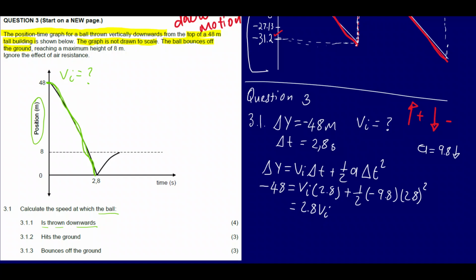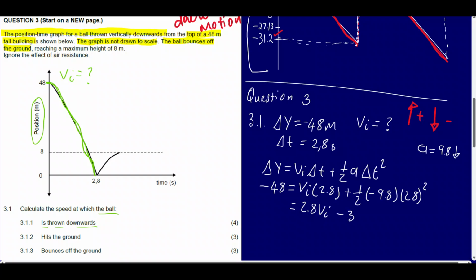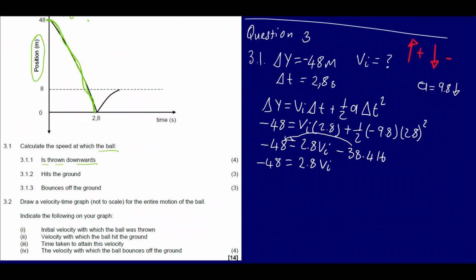And then on the right hand side, let's just check quickly the answer. Negative 9.8 and then 2.8 squared, you would have gotten that the answer is negative 38.416 on the right hand side, and you will transpose that. If you transpose that, it's going to be negative 48, which is equal to 2.8 vi.